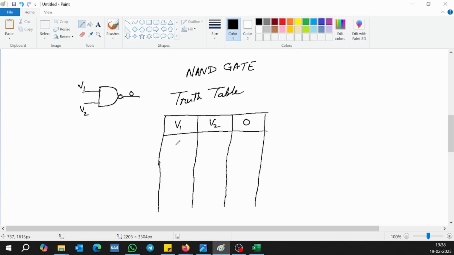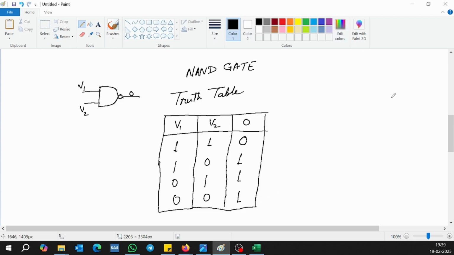When V1 is 1, V2 is 1, in case of a NAND gate, output is 0. When V1 is 1 and V2 is 0, output is 1. V1 is 0 and V2 is 1, then the output is? When V1 and V2 are 0, then the output is 1. So this is the NAND gate.